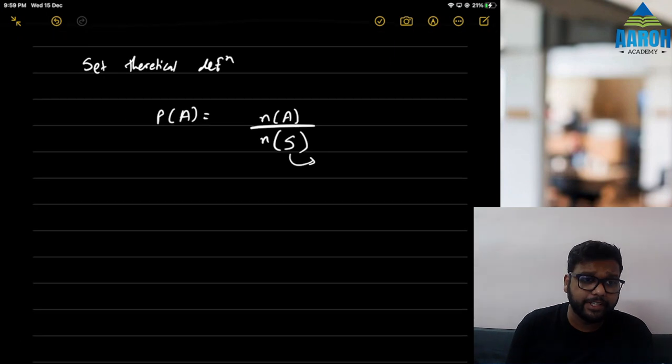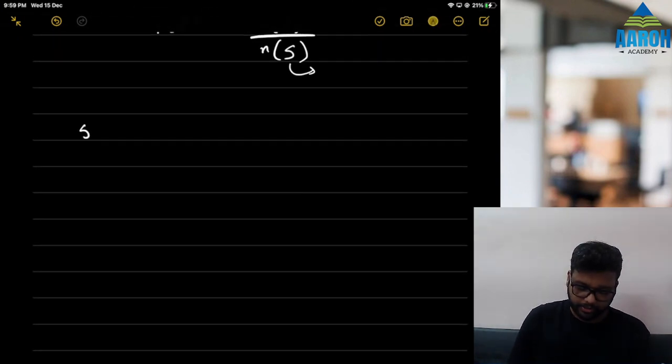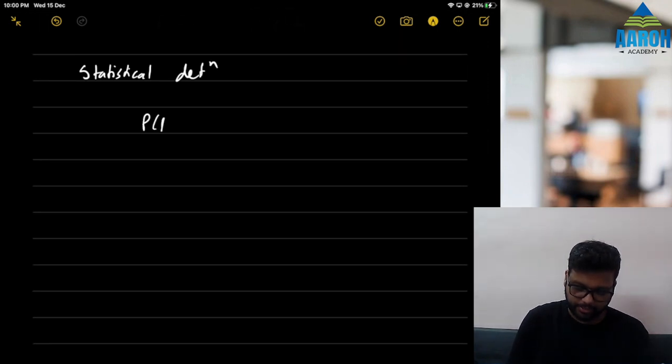Okay. So this is the set theoretical definition. Then there is something called a statistical definition. Under statistical definition, we define probability as, anyone?